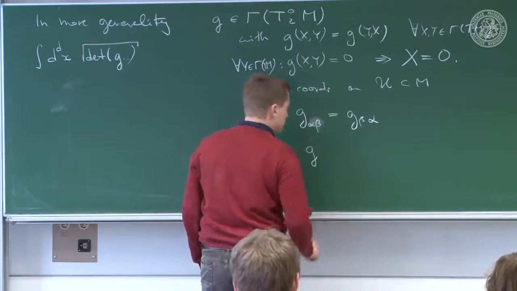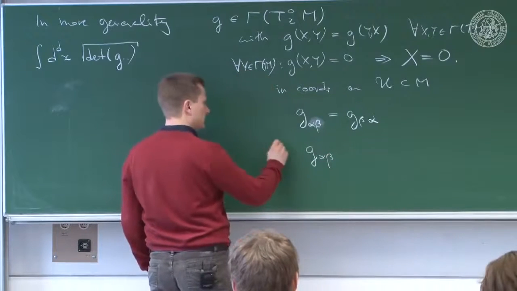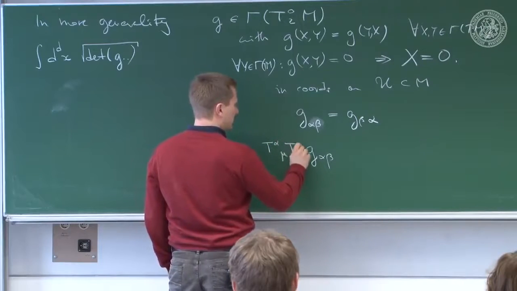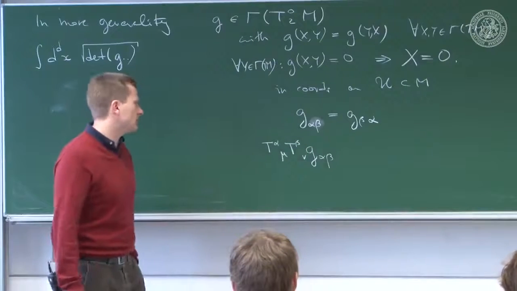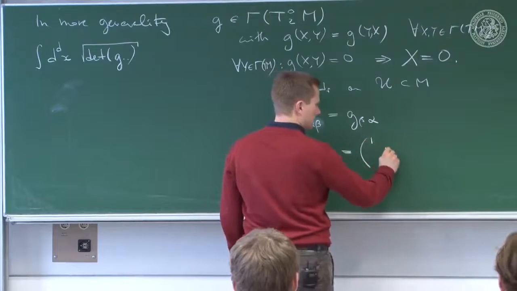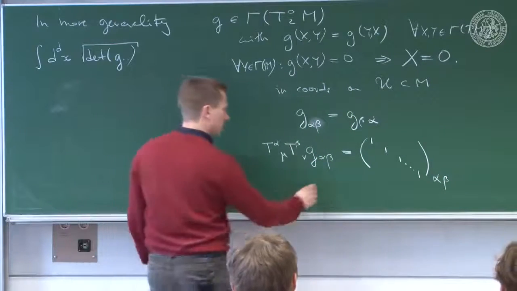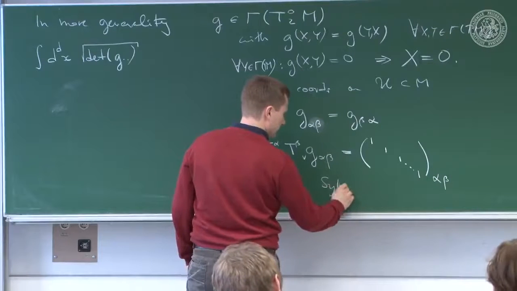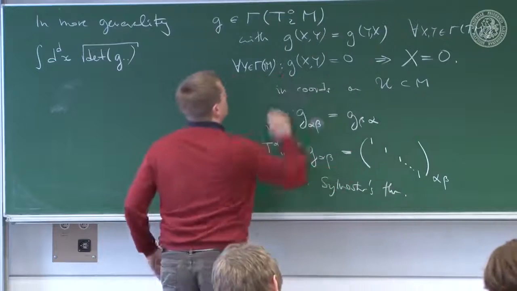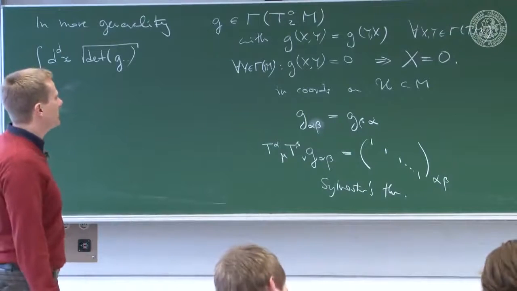So that means there exists a transformation at each point, a frame at each point, such that this, being the coordinate transformation, equals this matrix, and that's Sylvester's theorem. And that these are all positive comes from here.